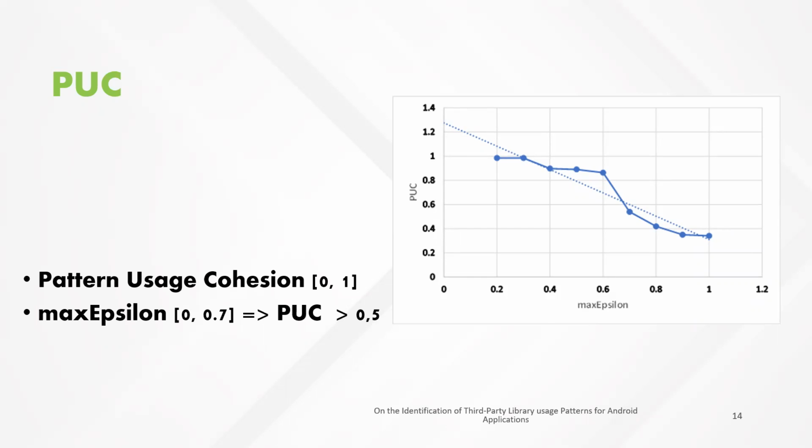From the results obtained from the experiment, we observe that LibScandroid is able to identify patterns with a high level of cohesion and stable. With a max epsilon value equal to 0.7, LibScandroid reaches a peak value equal to 0.53, which implies that more than 50% of libraries are used together with a large peak value.